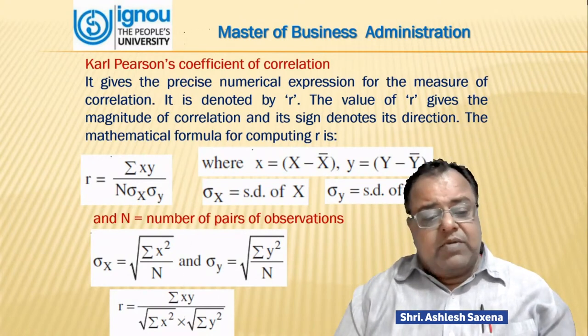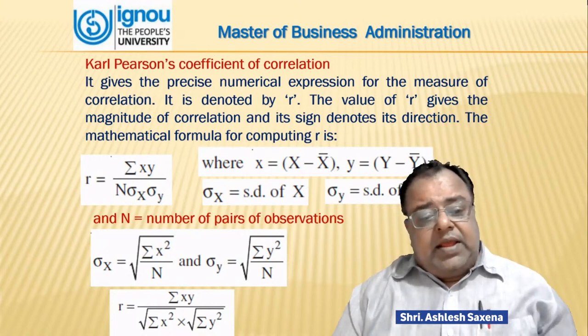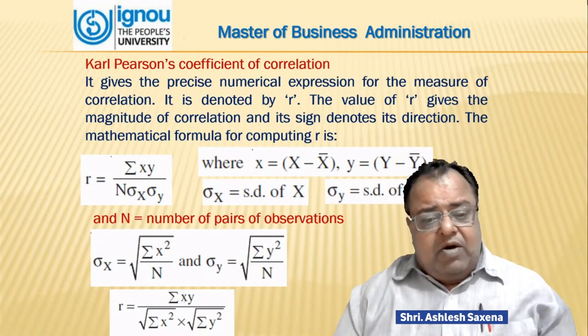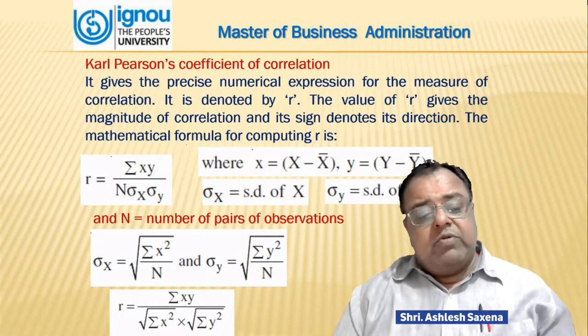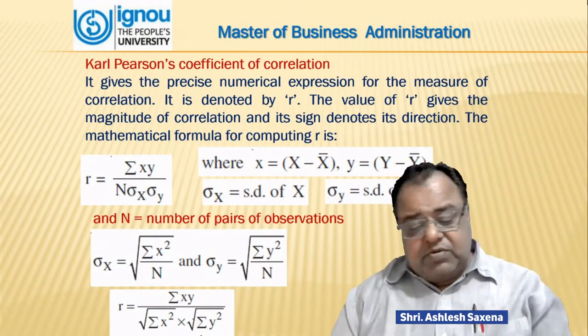Once we have calculated all the values, r is equal to sigma xy upon the square root of summation x square into the square root of summation y square.